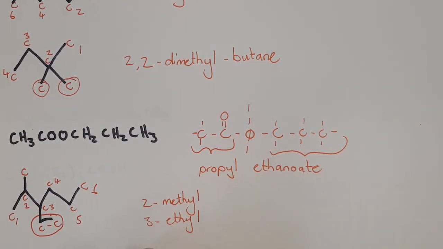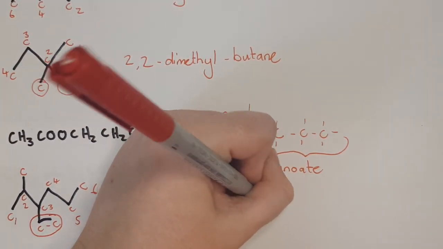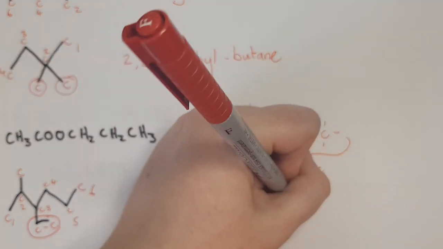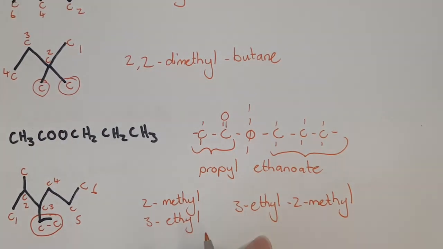Now, our general rule says that all of those side chains need to be placed in alphabetical order. So even though the methyl is attached to a 2 and the ethyl is attached to a 3, it doesn't matter about the numerical. We put it in alphabetical, and E comes before M. So we say 3 ethyl, 2 methyl as my name.